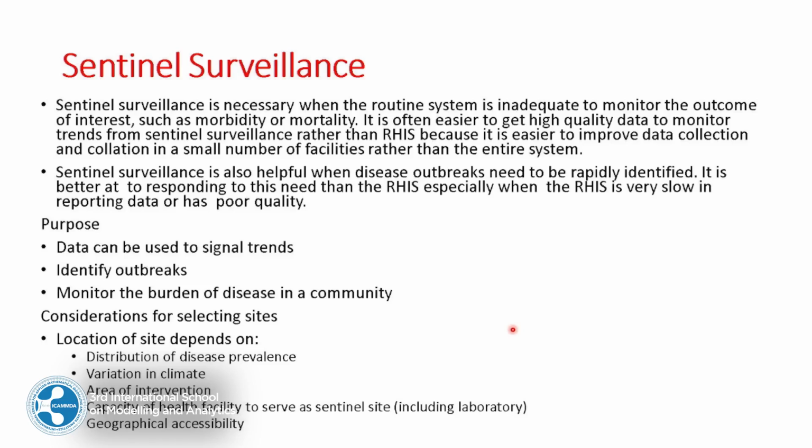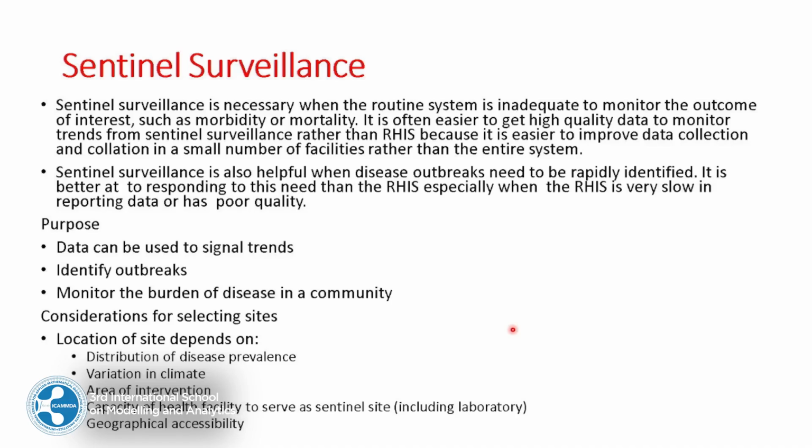Also, there are considerations we must put in place when setting up those sentinels. One, we must consider the location of sites, and it depends on the distribution of the disease. For example, when the malaria vaccine was to be distributed, the location for distribution was investigated. So one of the considerations is, where do we have the high burden of malaria?